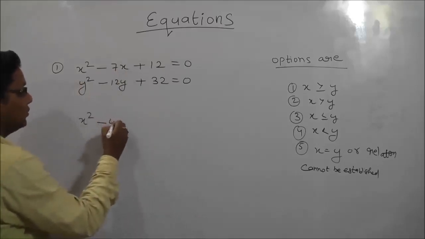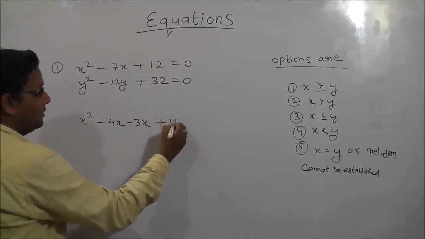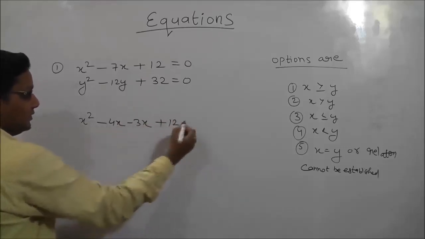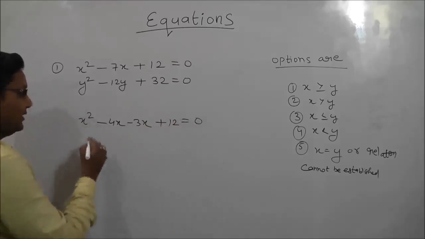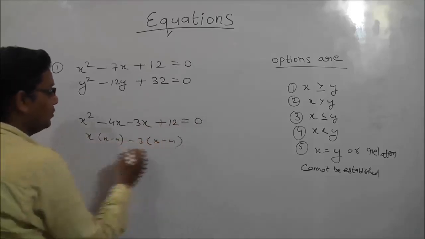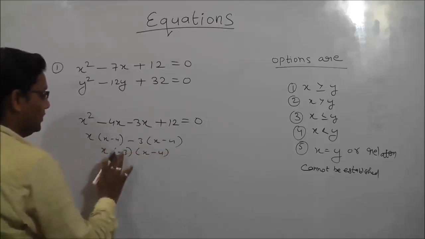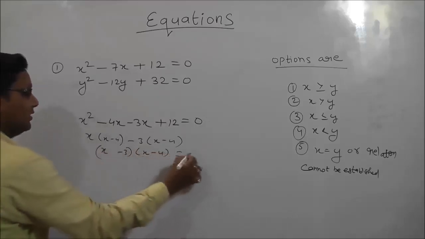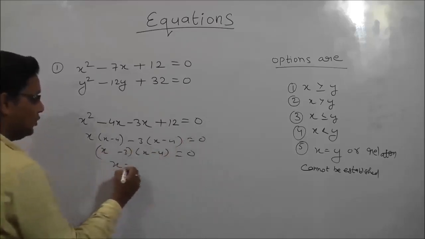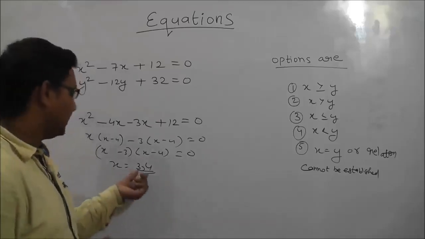So minus 4x minus 3x plus 12. This is the way in which we can divide. So x into x minus 4, minus 3 into x minus 4. So x minus 3 into x minus 4 equated to 0. So the values of x will come 3 and 4. This is the traditional way of getting 3 and 4.